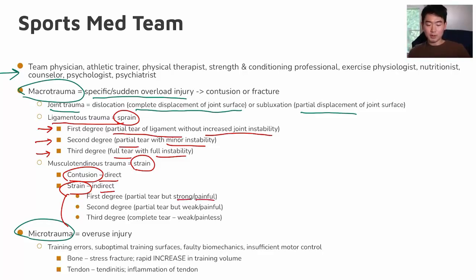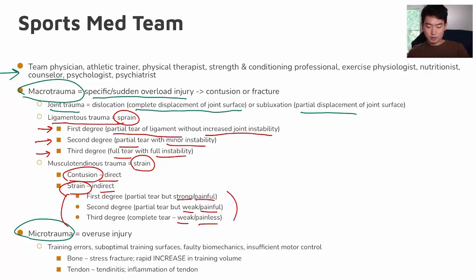So first degree, strong but painful. Second degree, weak and painful, right? So now the muscle's gotten a little weaker. You're still feeling that pain. That's second degree muscle strain. And then third degree is weak and now there's no pain, right? It's because it's a complete tear of that muscle.